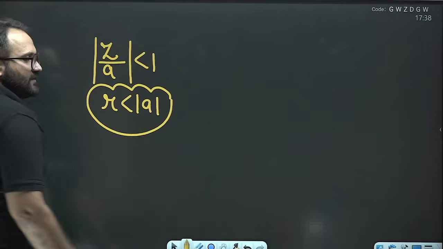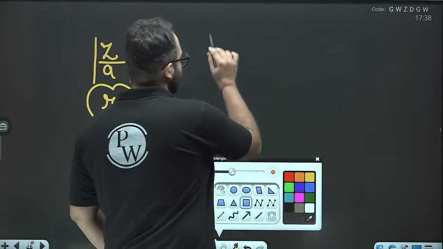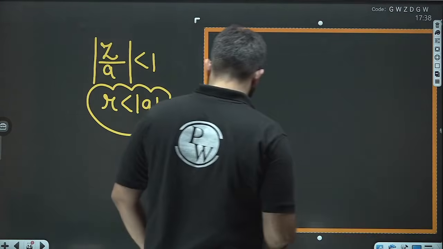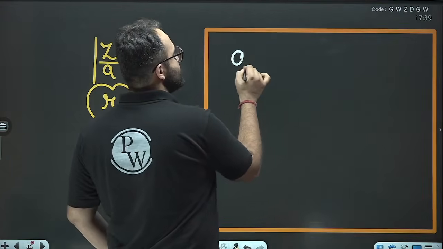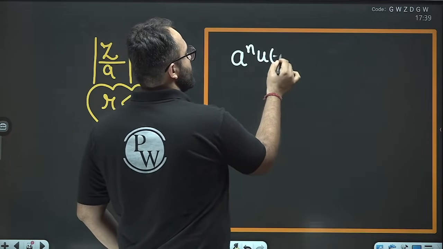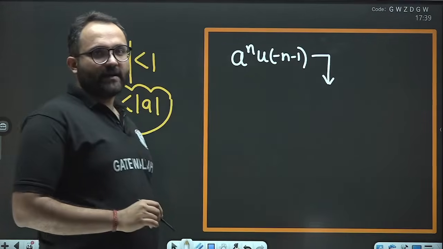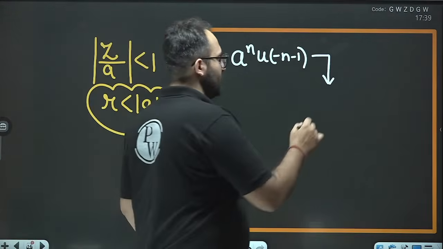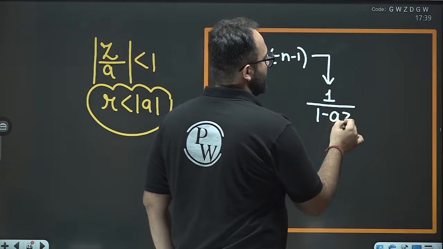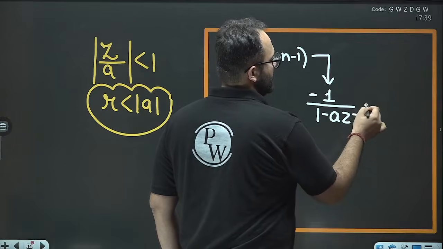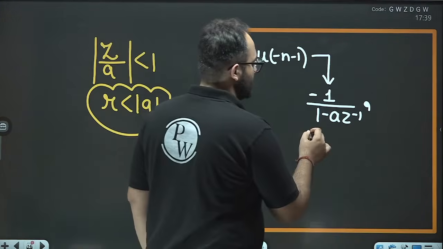So here we have a very important result. What is the result? The z transform of a to power n u of minus n minus 1 is minus 1 upon 1 minus a z inverse, and here we can see that the pole is at z equal to a.